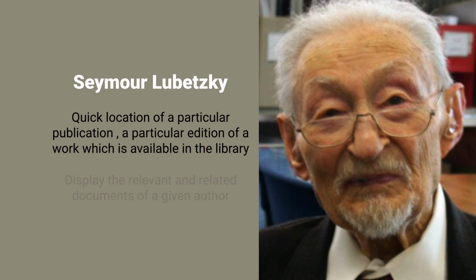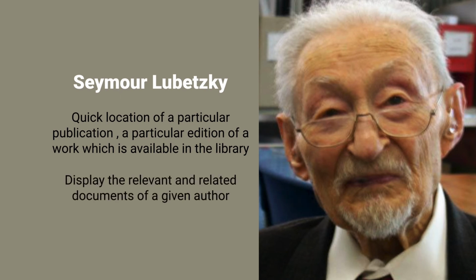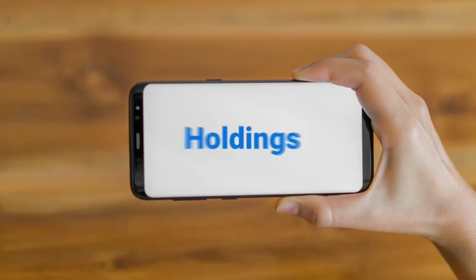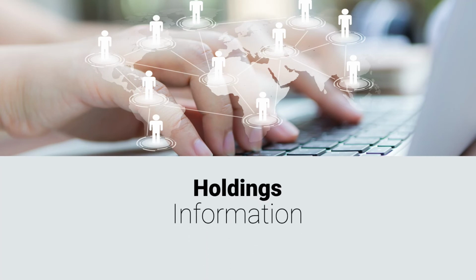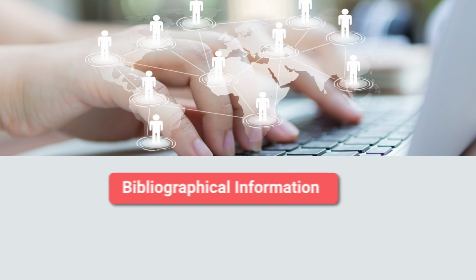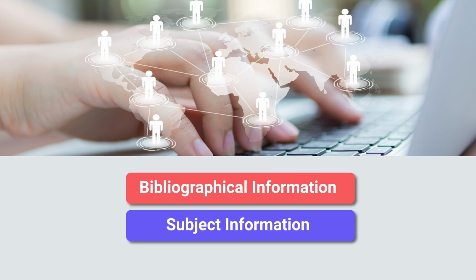Lubetzky also says that it should display the relevant and related documents of a given author. So when you talk of a catalog, it describes the holdings of a library, and we have said earlier these holdings could be of varied nature. It could be books, periodicals, theses, manuscripts, and the information of these holdings is of 2 types: bibliographic information and subject information.